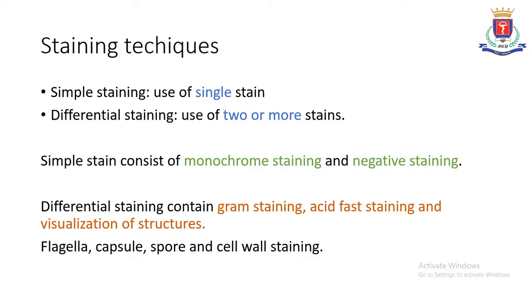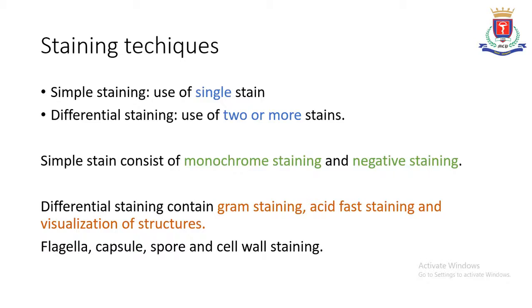The gram positive bacteria appear purple in color, whereas gram negative bacteria appear pink in color. In case of acid fast staining, the bacteria can be differentiated on the basis of acid fast and non-acid fast bacteria. The acid fast bacteria appear pink in color and non-acid fast bacteria appear yellow in color.